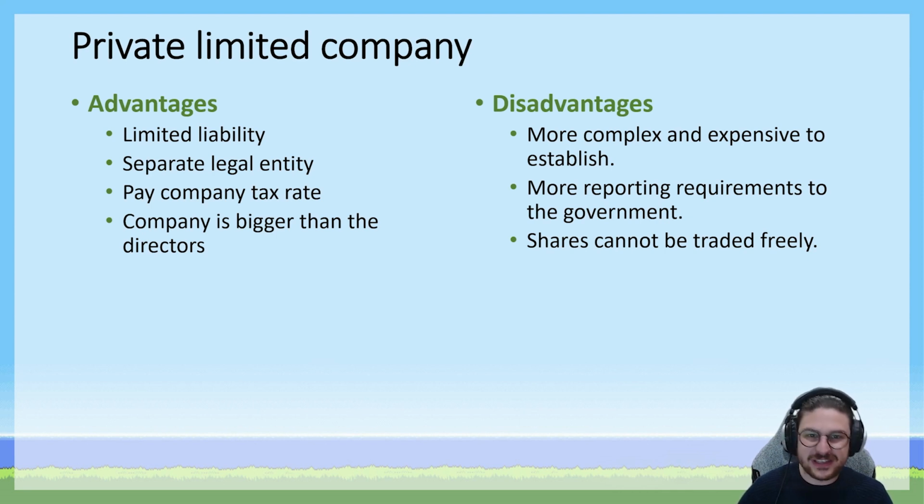Now, just broadly speaking, the personal tax rate tends to be, at a minimum, double what the company tax rate is in Australia. So if you're talking about a business that's earning millions of dollars a year, being able to cut your tax bill in half at a minimum is going to be a very attractive prospect for a business.